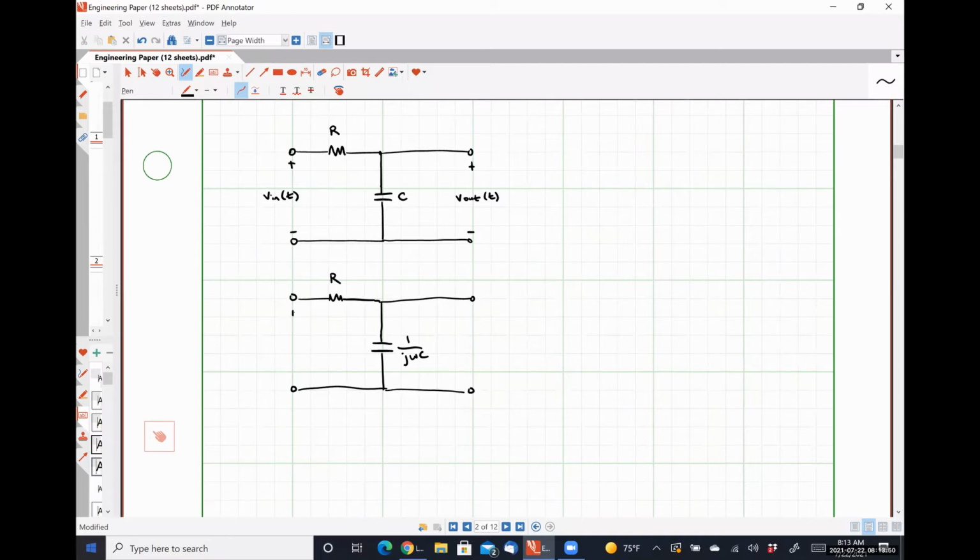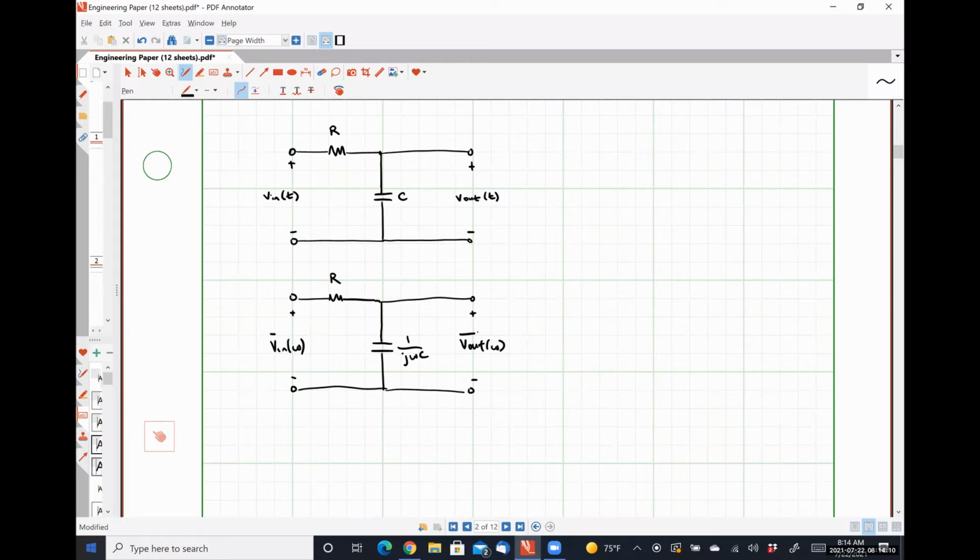And we would have some phasor input, Vin, whose value depends on the frequency, and measure some phasor output signal, Vout.